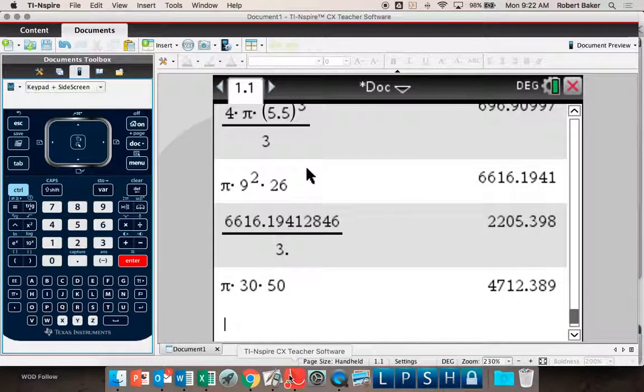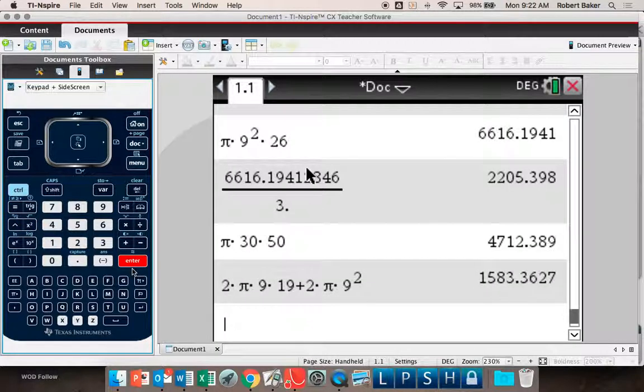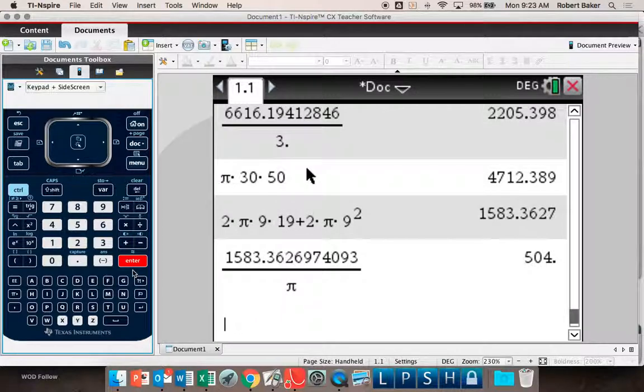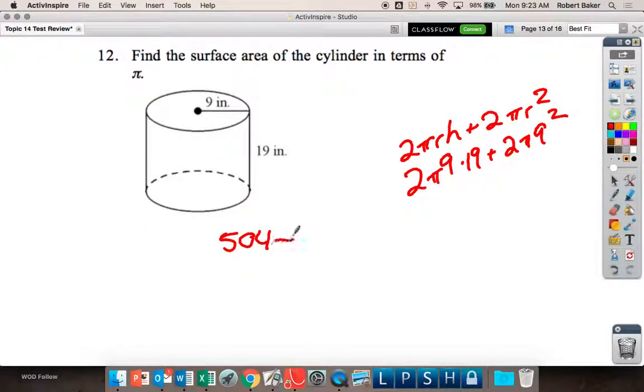So let's try that. 2 pi r h plus 2 pi r squared. That's your decimal equivalent, 1,583, and it wants it in terms of pi, so divide by pi. 504 pi's. That would be the correct answer: 504 pi inches squared.